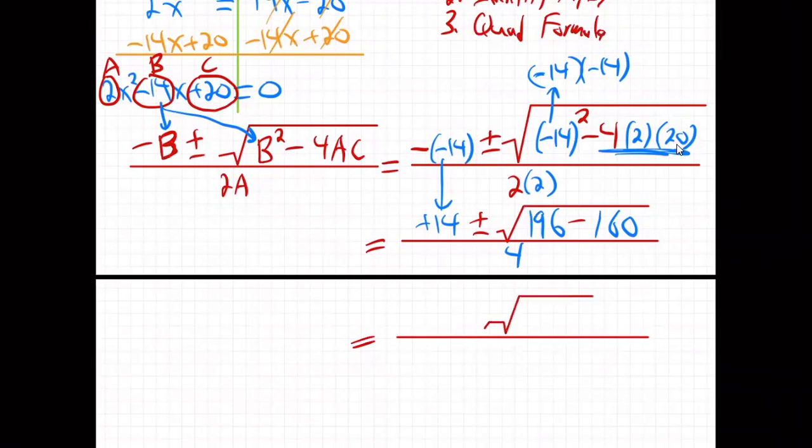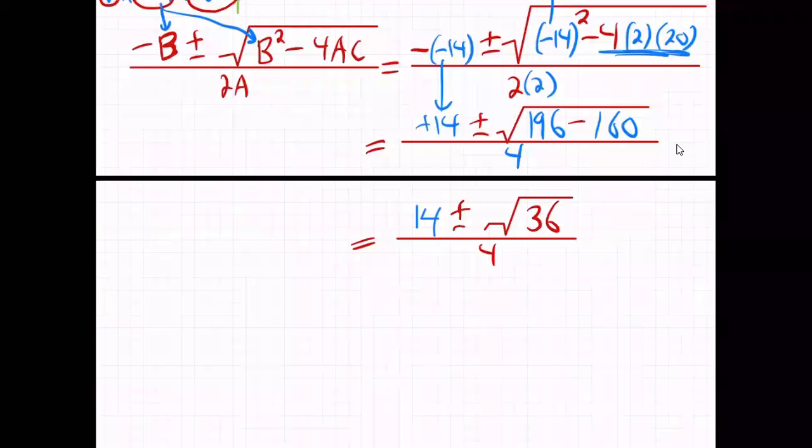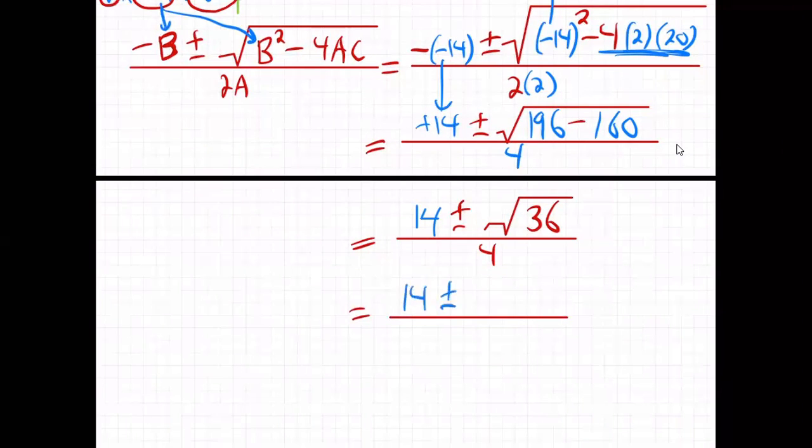And then what is this? This is 14 plus or minus the square root of 36 over 4. Getting closer. And then the square root of 36, that's just 6, isn't it? Everybody see what happened there? Square root of 36 is just 6.